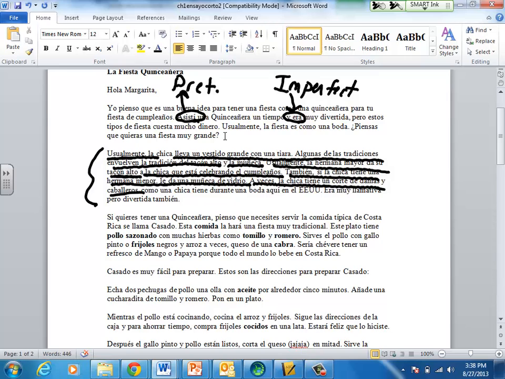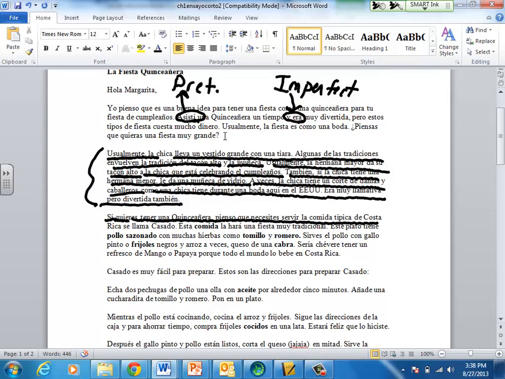Sometimes the girl has a court of guys and girls, like the wedding party in the United States. It is very elaborate, but fun also. Okay, so I'm just describing the traditions of the quinceañera. And now I'm going to talk about what type of food we're going to eat at the quinceañera.